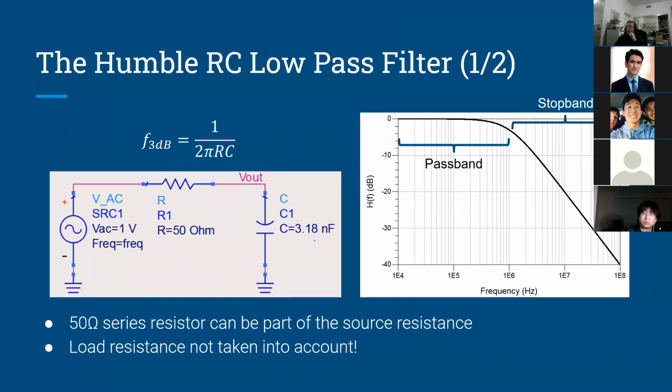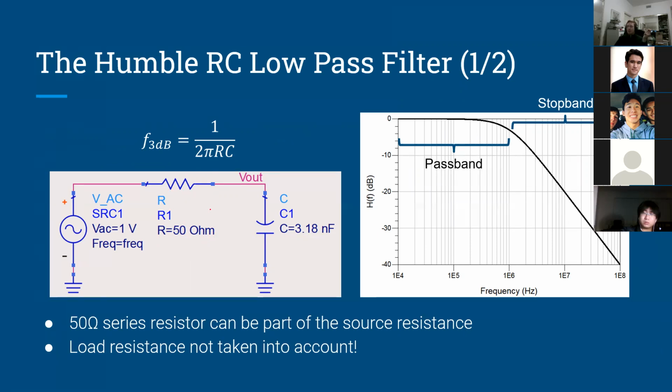All right, so now we get to the RC filter and why we don't use it. So I have here just a single first order RC low pass filter. So the series resistance is 50 ohms. The capacitance is 3.18 nanofarads. And if you go through the math, 50 times 3.18 nanofarads times 2 pi, take the reciprocal, you get 1 megahertz.